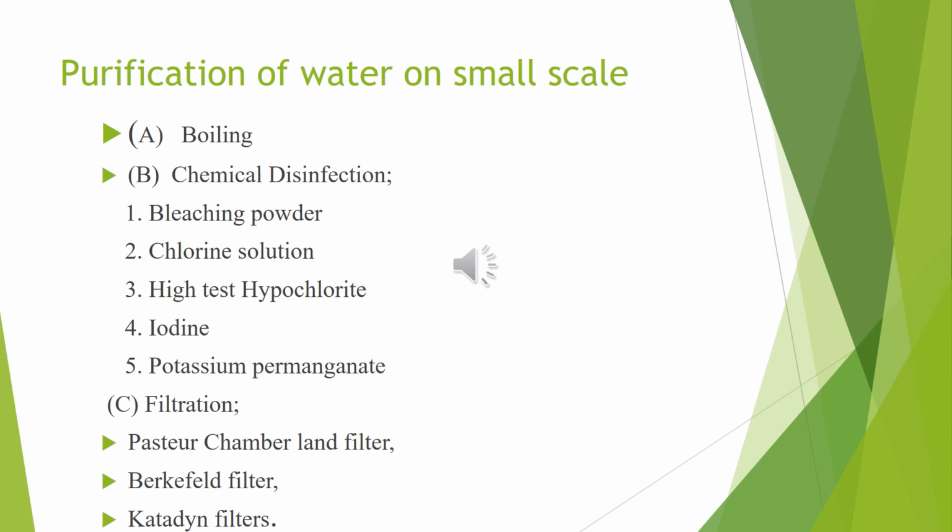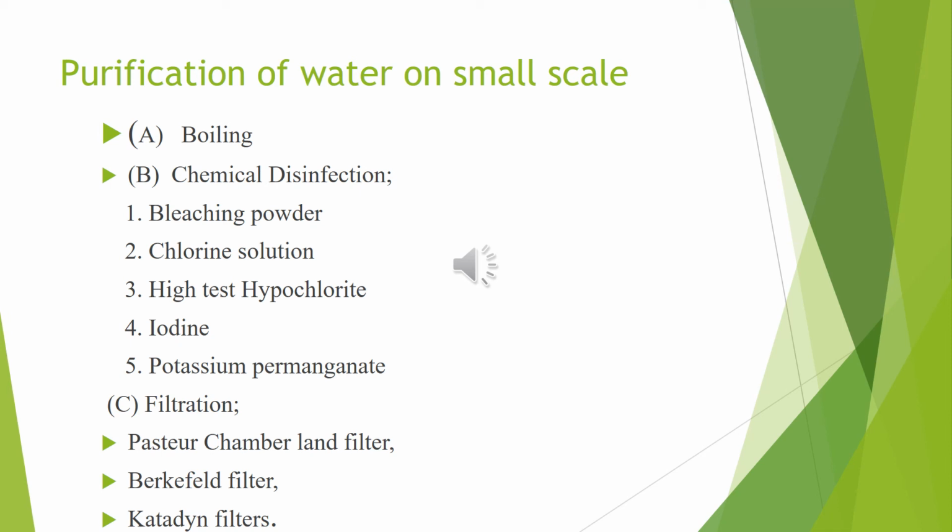In the previous slides, we have seen how we can purify water on a large scale. Now we will study the purification of water on a small scale. In households, it is done by boiling the water or by addition of chemical disinfectants like bleaching powder, chlorine solution or high test hypochlorite.